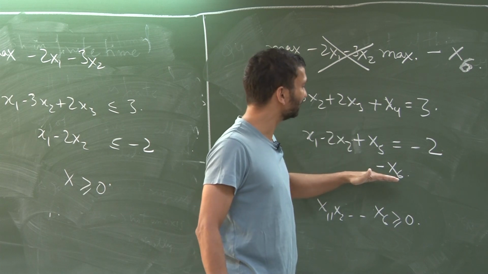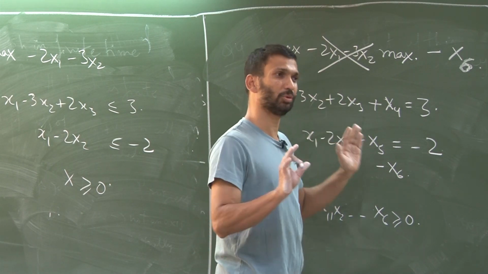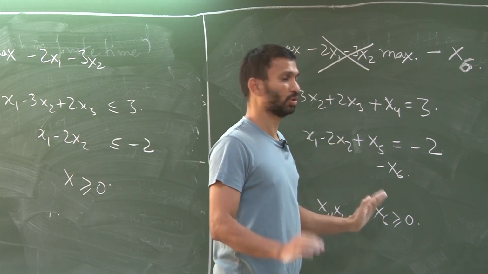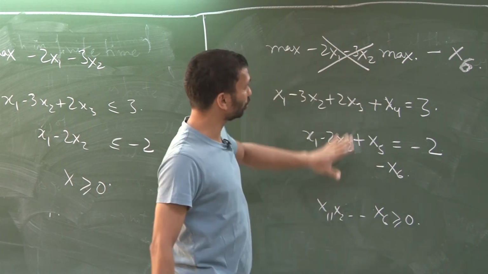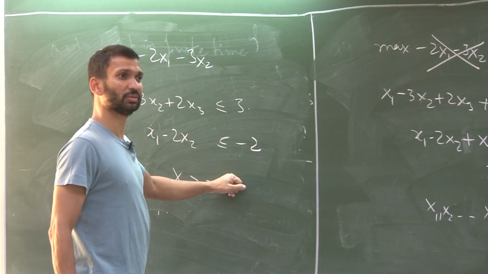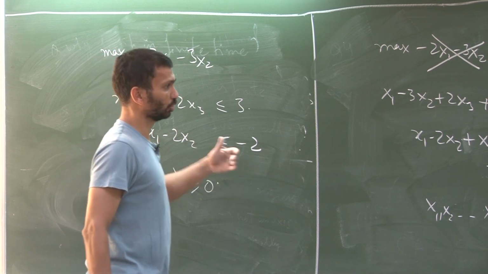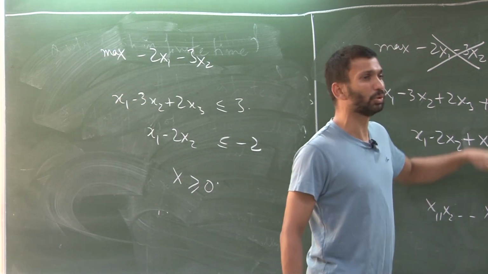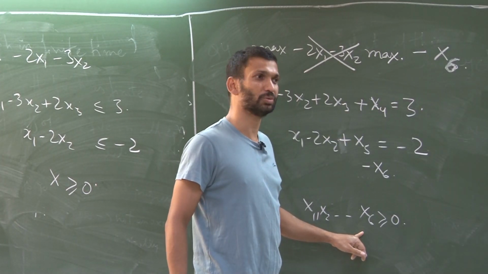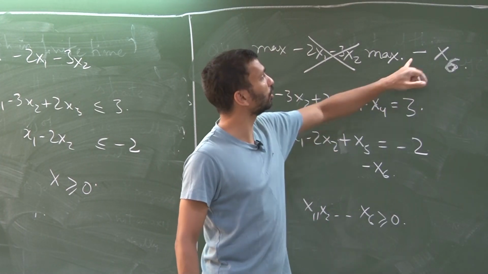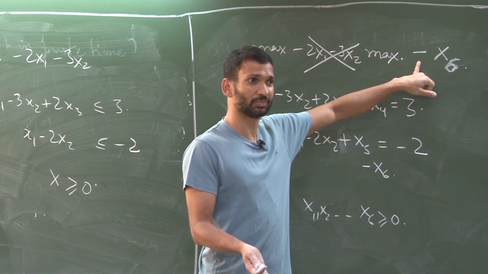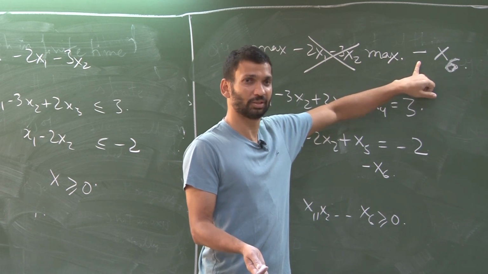So ultimately, I want to make x6 0. When x6 is 0, then a solution here is a good solution here. Since I want x6 to be 0, I am maximizing -x6. Remember, x6 is greater than or equal to 0. Since it is greater than or equal to 0, this maximum is at most 0. So this is the target.